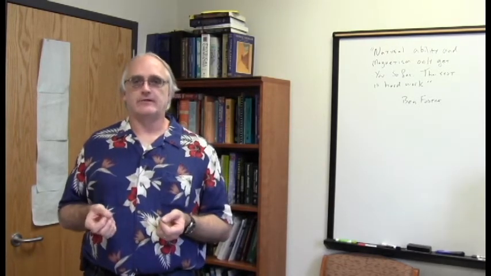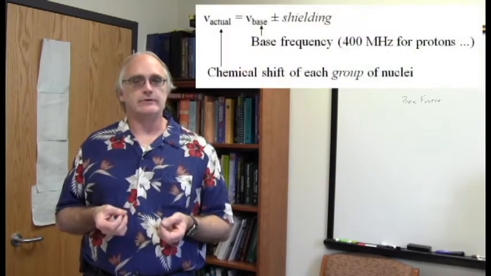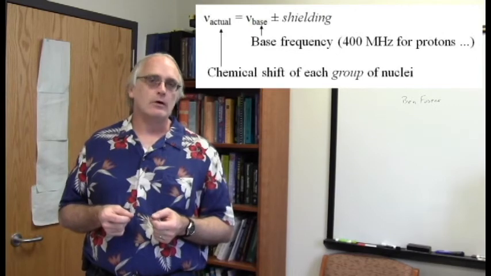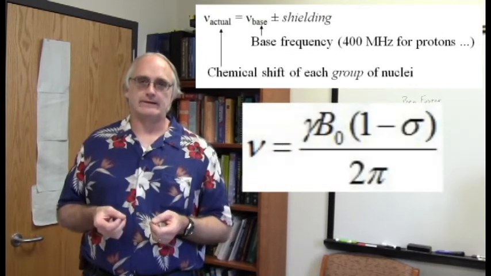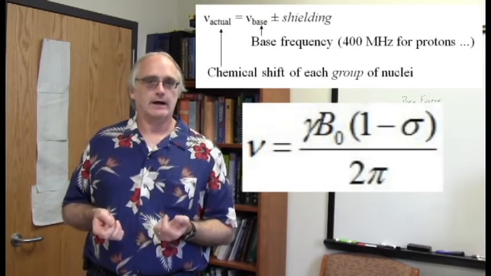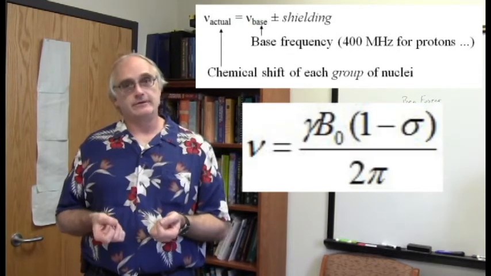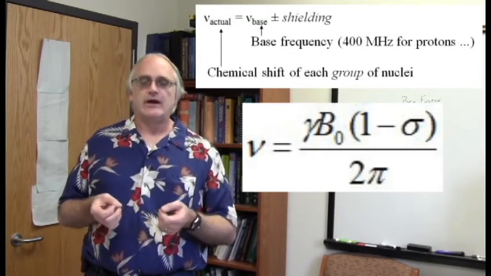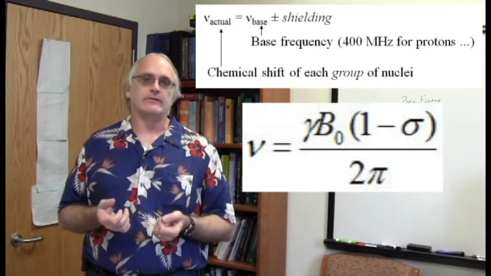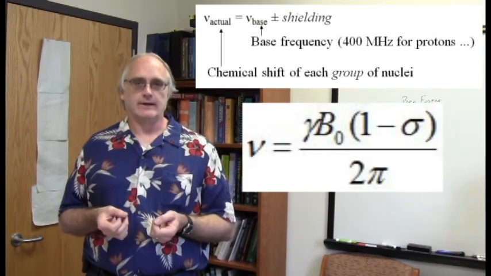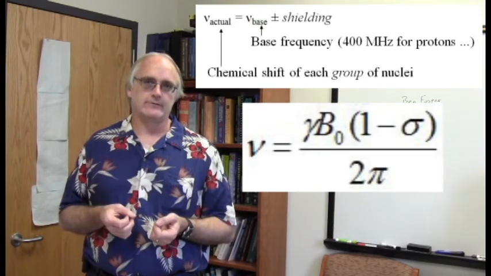I've seen it expressed as the frequency plus or minus a tiny amount due to the shielding. I've also seen the Larmor equation altered slightly with a new term. I've seen it referred to as a sigma, called the shielding constant, that changes ever so slightly the frequency that it takes to manipulate a nucleus in the external magnetic field.